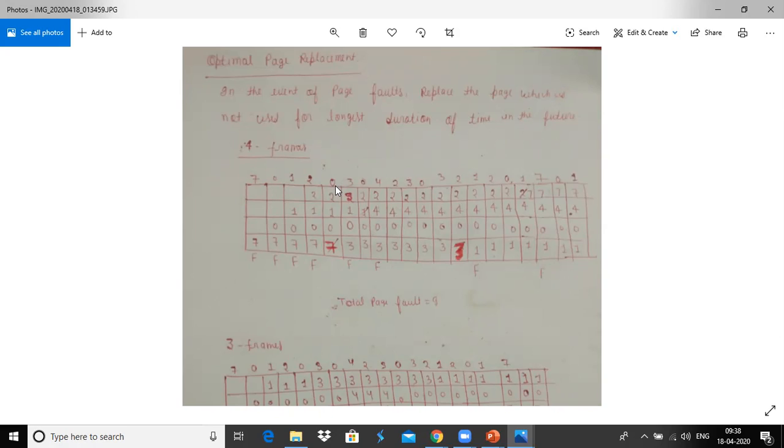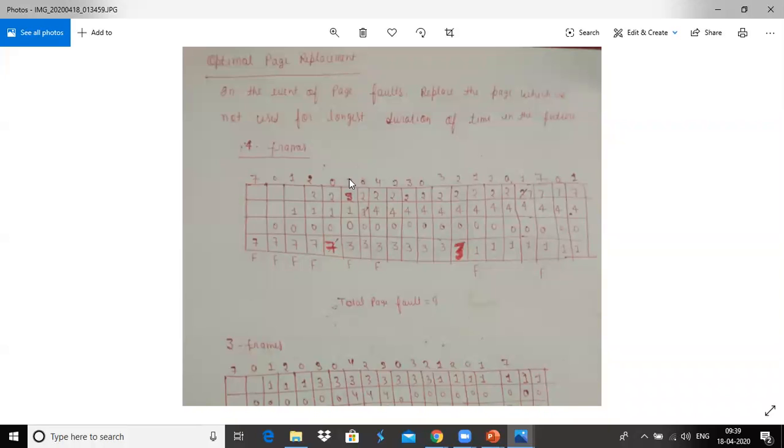See here, 3 comes here, 0 comes here. But for 0 there is no page fault, because 0 already exists in the frame.